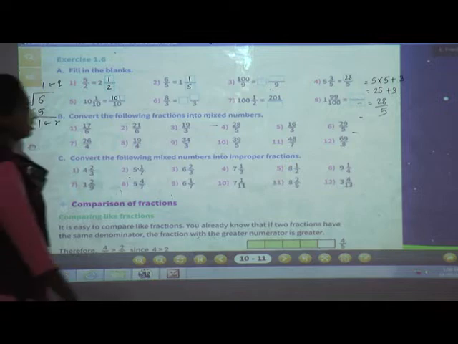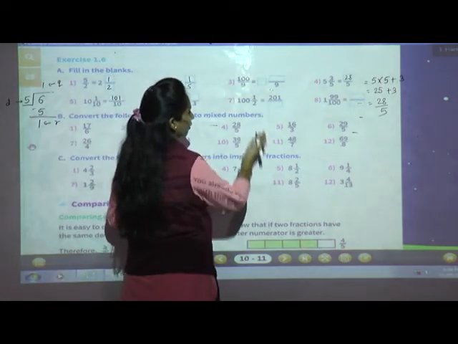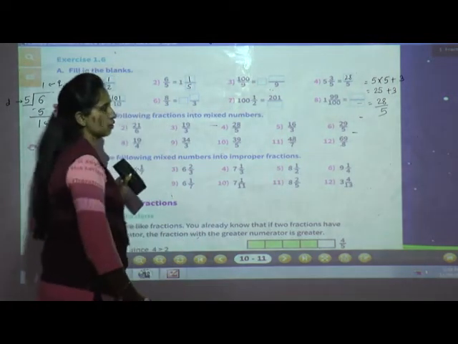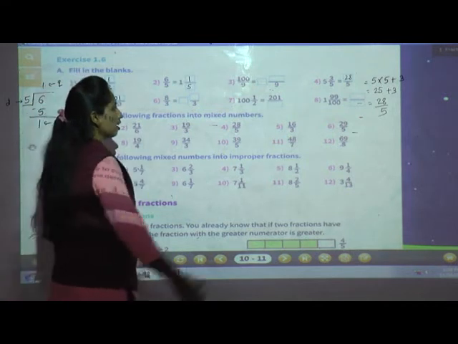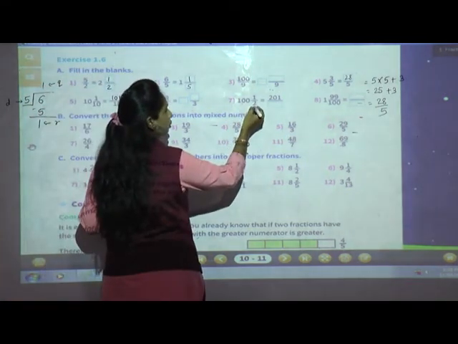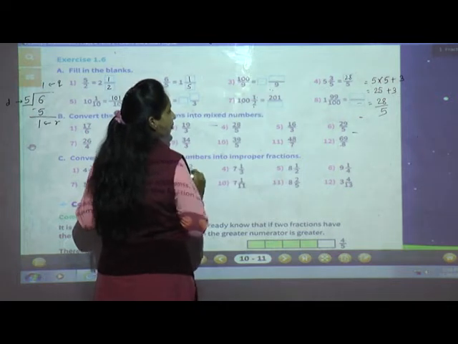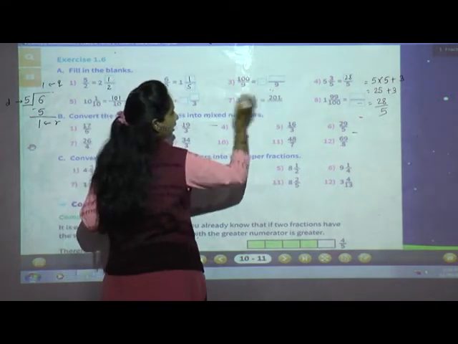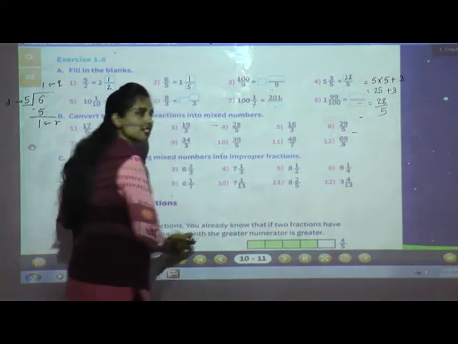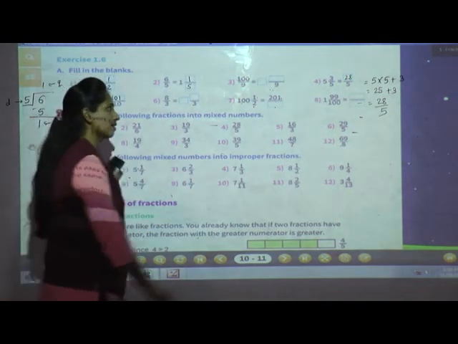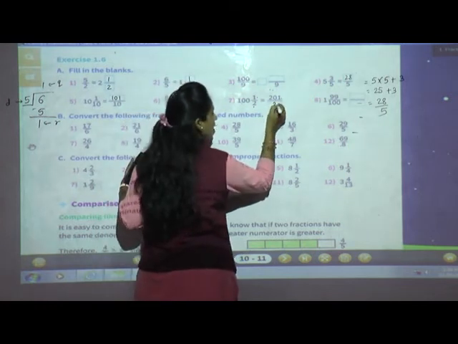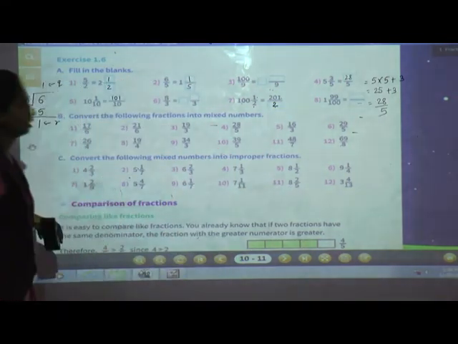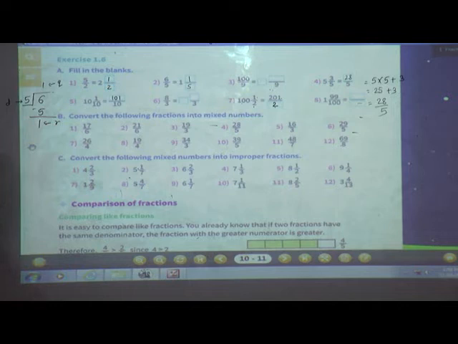Now same, 100 twos are 200, 200 plus 1, 201. Already they had given. So what will come in the place of the denominator? Yes, the denominator will always remain the same. So write 2. Is that clear?